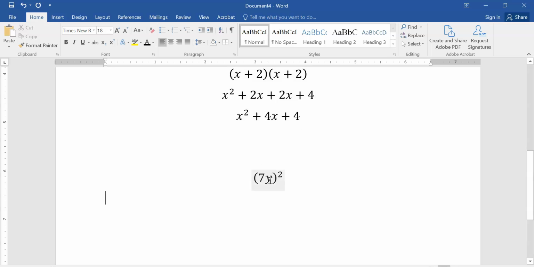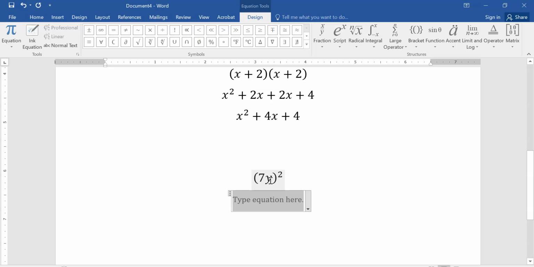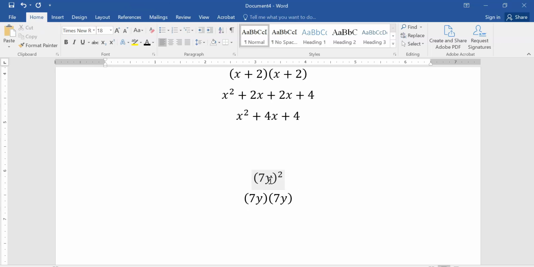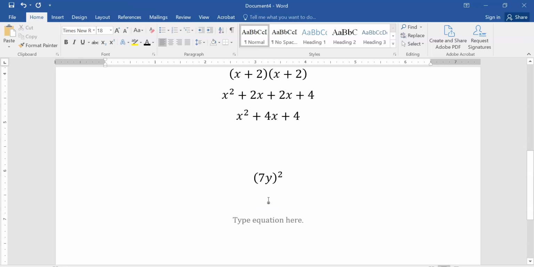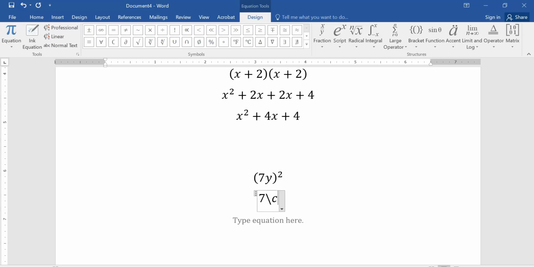So what this really meant was 7y multiplied times another 7y. And in this case, because all of the operations are multiplication, I can take 7 times y times 7 times y.